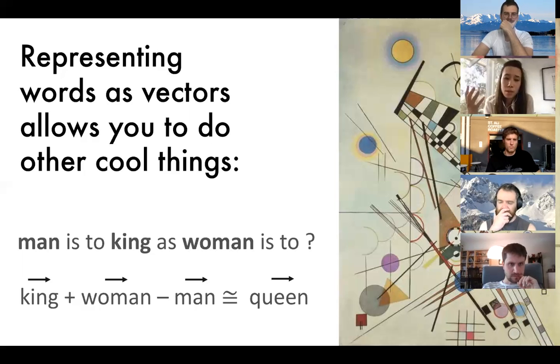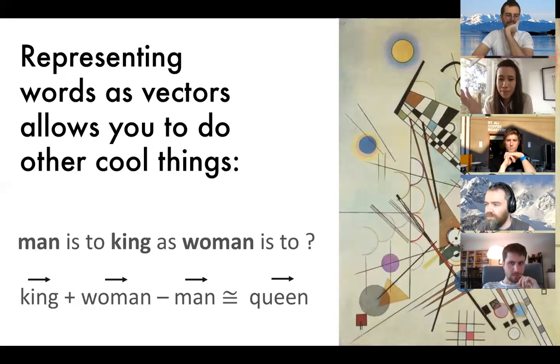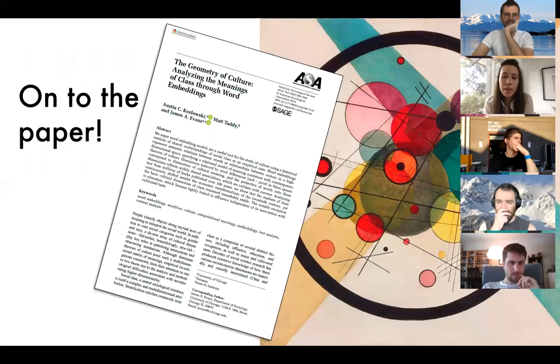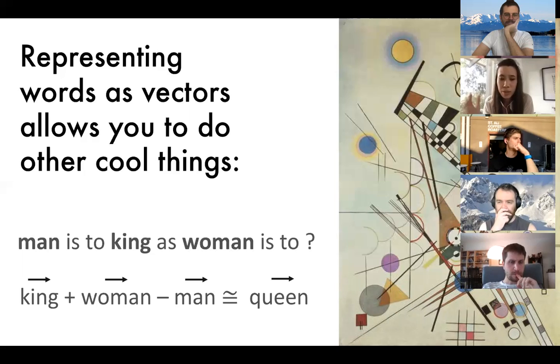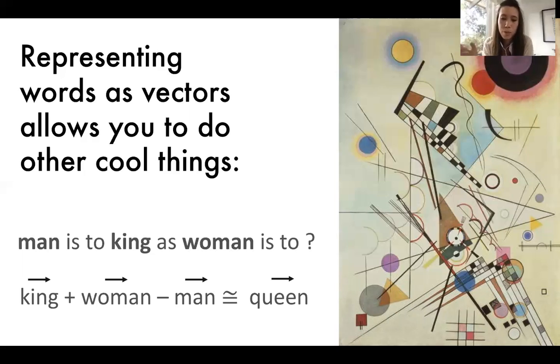What's cool, and really essentially made word2vec as famous and influential as it is today, is the fact that when trained with enough text, it tends to give you the vector associated with the word queen. Now, some examples work better than others, and there's been a lot of research on this. But I just thought I'd highlight this because the paper that I will talk about makes use of this logic quite a bit.